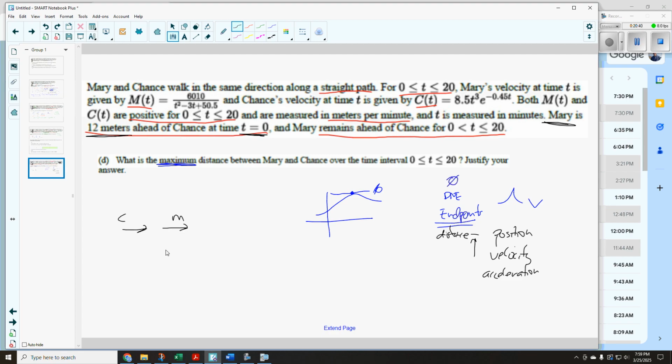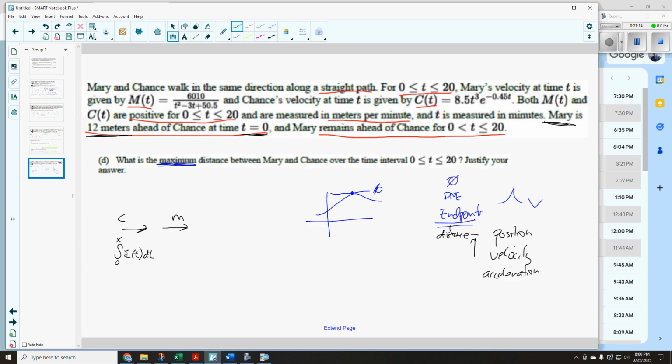And the way I would find, well, let's start with Chance. The way I find Chance's position is I would take the integral of his velocity, which is c of t, and I would go from 0 to some time x of c of t dt.